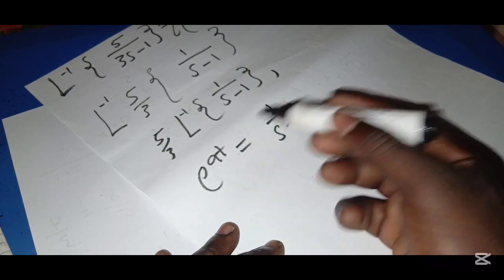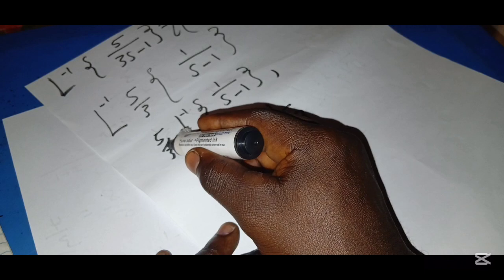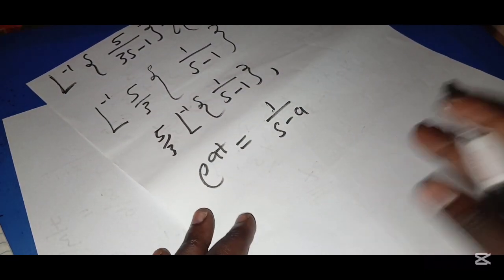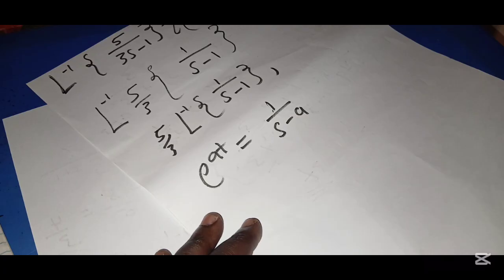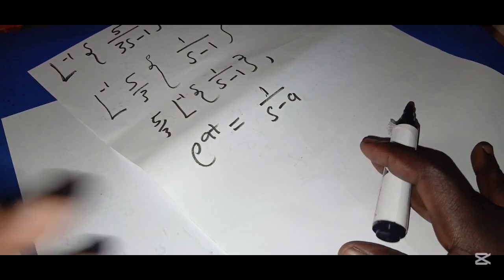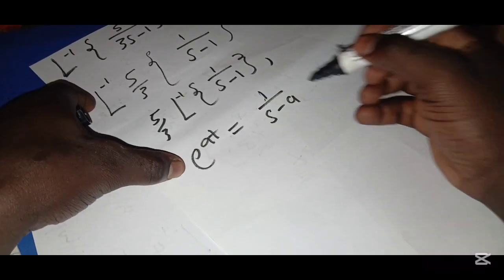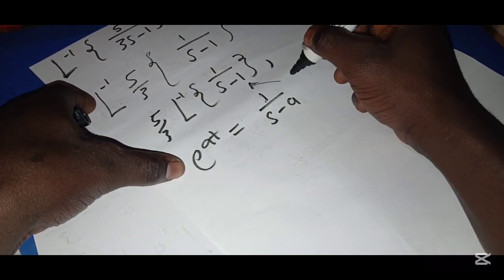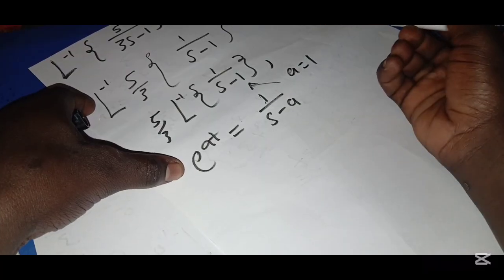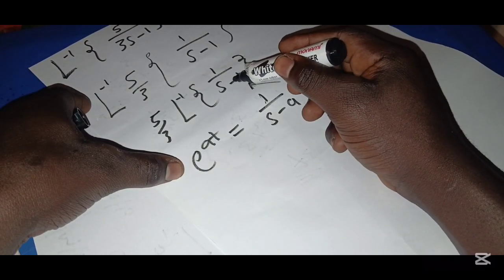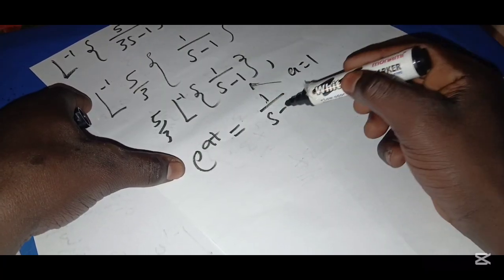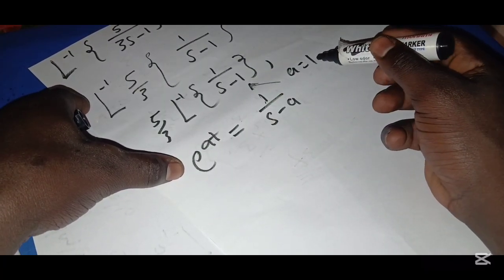What I need is just my a, and there was a constant too, right? The constant is still there. So I need the value for my a, and comparing this to that, you could see that my a equals 1. If this place is plus, it means my a is minus, right? But here the case is minus, then my a is just 1.